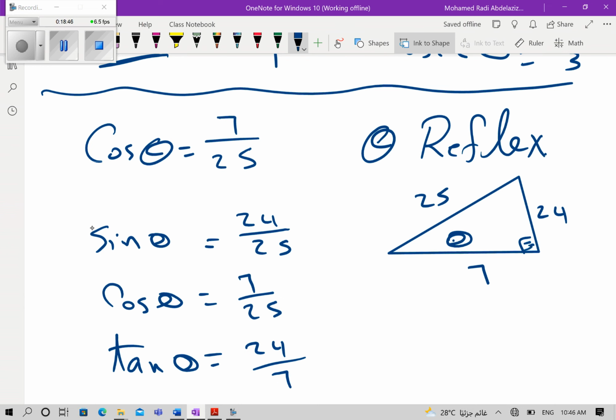We are now in which quadrant? Theta is written reflex, which means what?